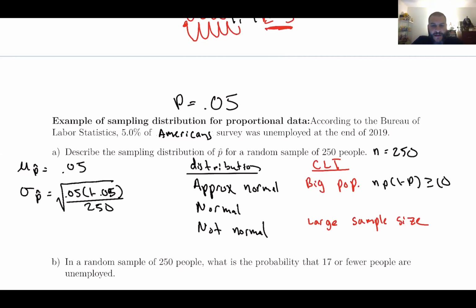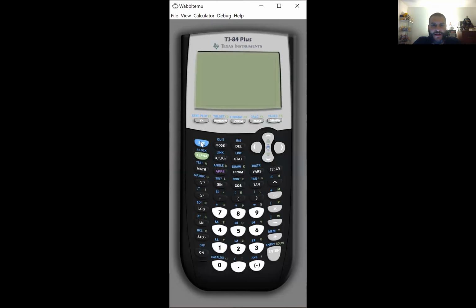So let's go ahead and use our TI-84 to calculate this. So say square root, oops, gotta turn it on. Square root of 0.05 times 1 minus 0.05. 1 minus 0.05 is 0.95. It's just easier to do that. And then divide it by 250. So if you do that, all right, that's what I get for sigma p hat.